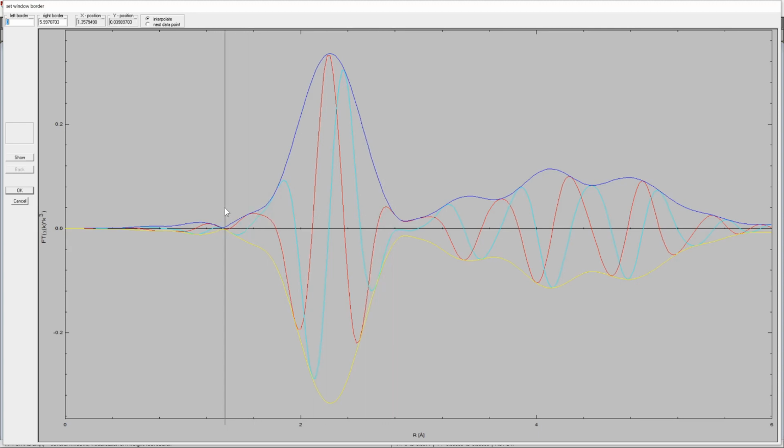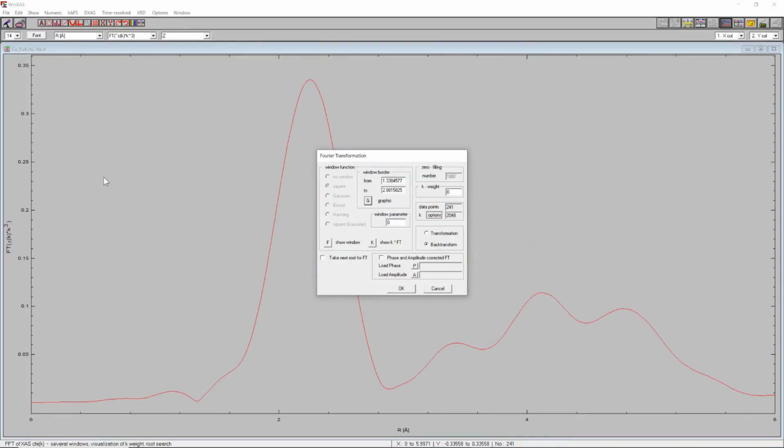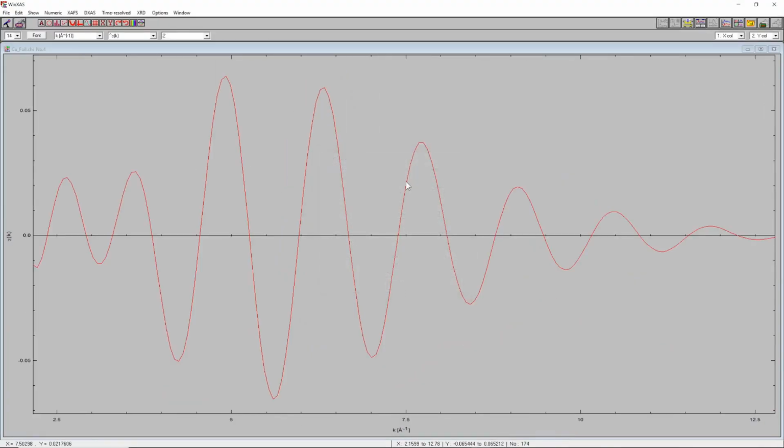Here it's best to go from minimum to minimum and define by this the range that includes the first shell, only the first shell in the structure of copper metal. Click on OK and on OK, and this is the back transformed first shell chi of k of copper metal.